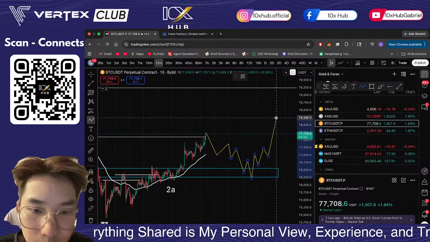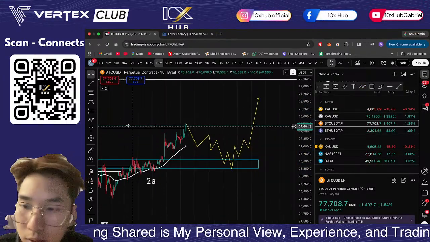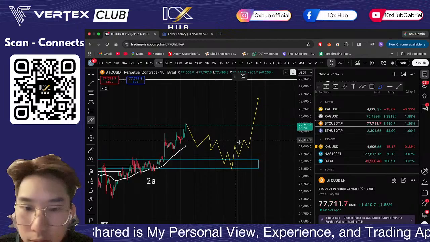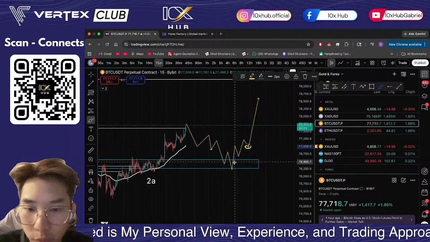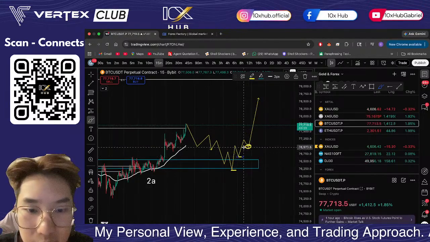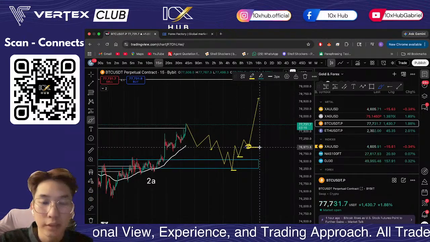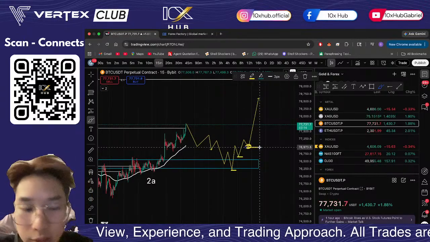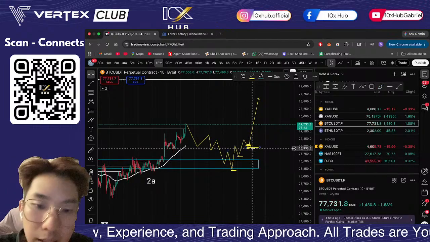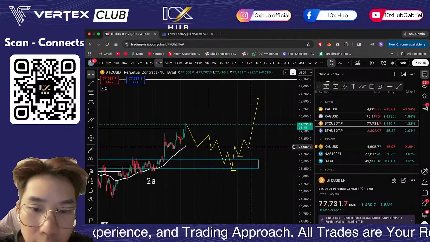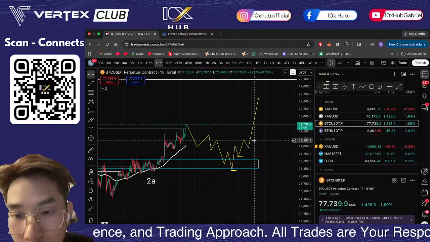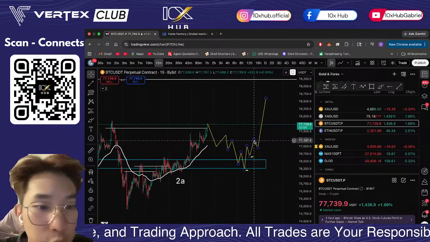Then we will enter somewhere around here. We need to have at least the third time of getting a higher low, which is the second higher low. We need to wait for this to happen in order to do a long entry.